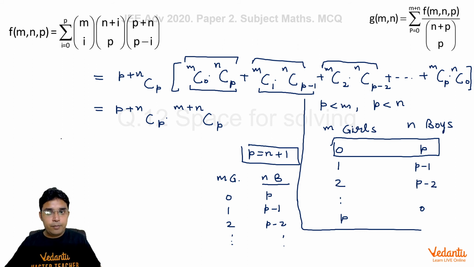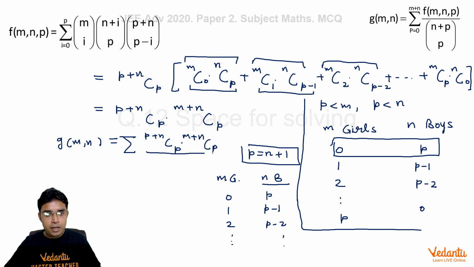Now if I simplify for g of m comma n, this is summation, this will be m plus n CP into m plus n CP whole divided by, and here also I think it is same, m plus n plus p CP. So this we can cancel here, and this p is starting from 0 till m plus n.